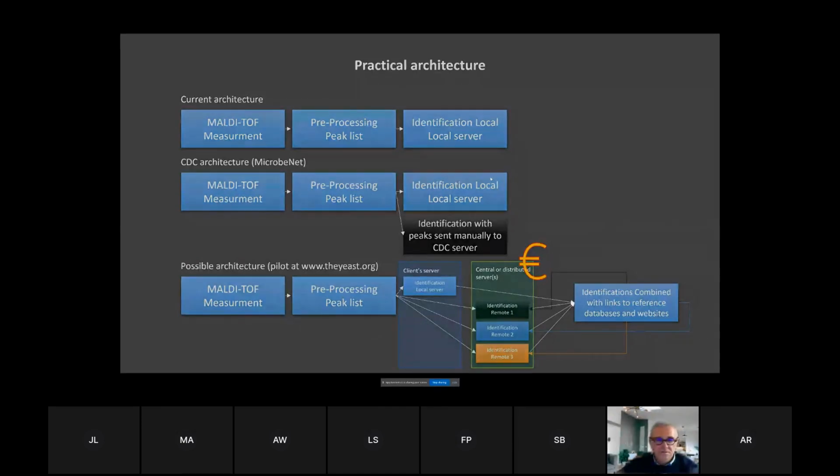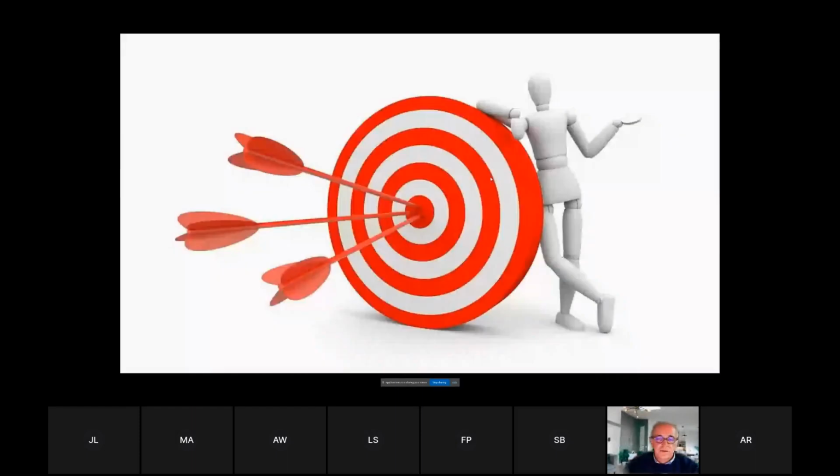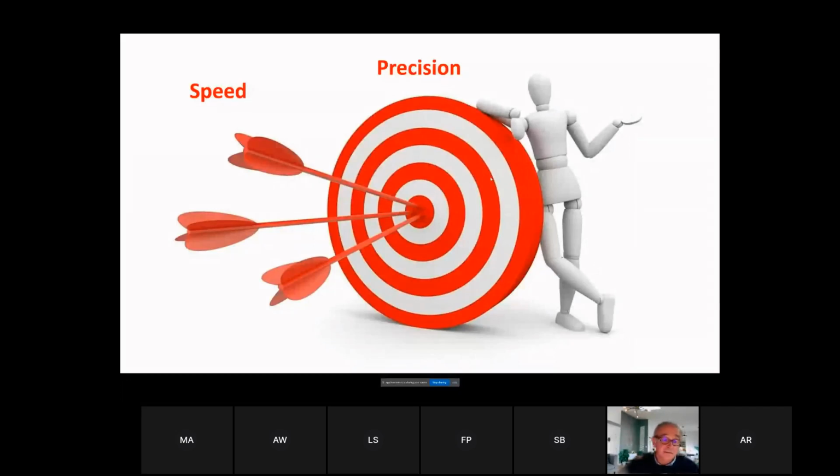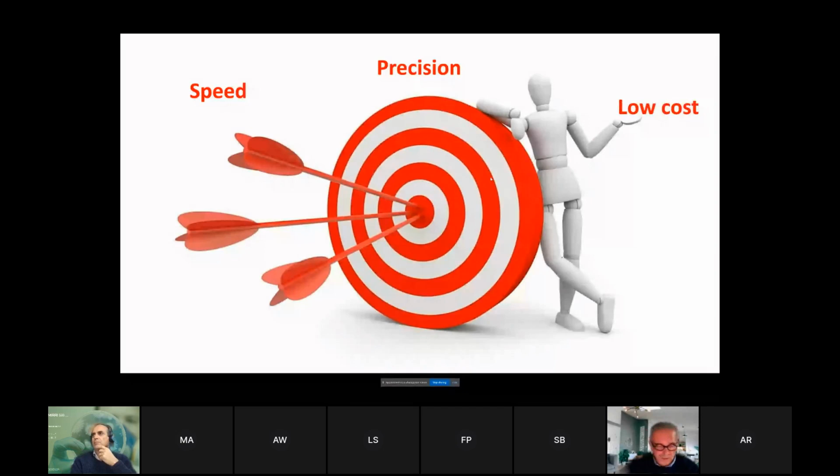So it's very interesting. So finally, if we want to do this, the good thing is that we get more precision with the quality of the MALDI system. The speed of identification is high, and this is very critical for patients to have a quick identification. This is low cost, provided that you have the money to buy the machine.